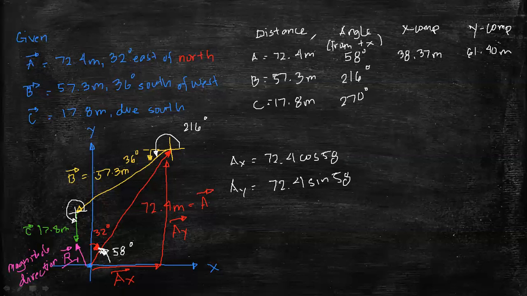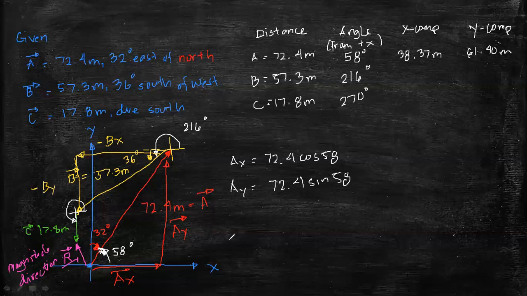Next, for the x and y component of vector B, using this figure, we can have here our right triangle, wherein this is Bx, which is negative, and By, which is negative. We can use either 216 degrees or 36 degrees in finding Bx and By.